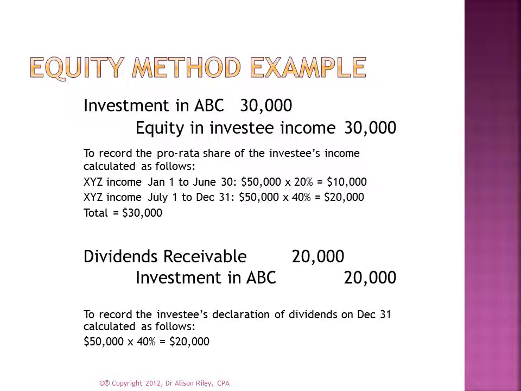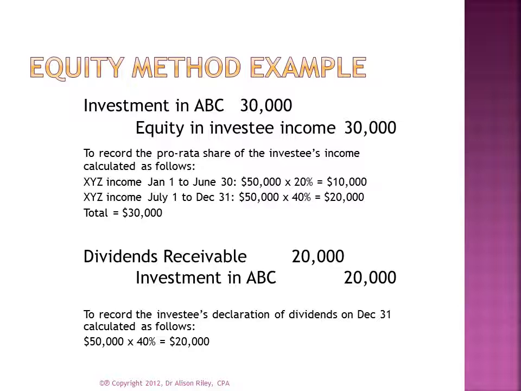In the case of the first 20% purchase, ABC recognizes 100% of its 20% share of XYZ income because ABC owned these shares for the whole of XYZ's fiscal year during which it earned its net income. In the case of the second purchase, ABC may only recognize half of its additional 20% share in XYZ income because its second purchase occurred halfway through XYZ's fiscal year.